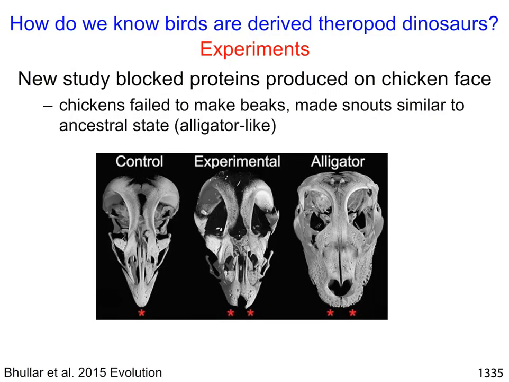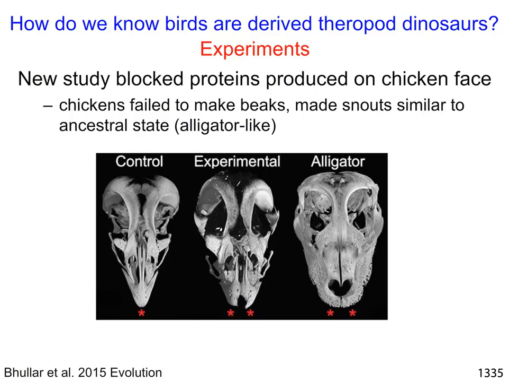So research has actually gone one step further and conducted several experiments, okay, on birds. So a relatively new study, and the citation's down there if you're interested in it, basically blocked proteins produced on a chicken face, okay? And so when they blocked these proteins, they failed to make beaks and instead made snouts much more similar to their ancestral state, okay? Much more similar to that of the much older critters.